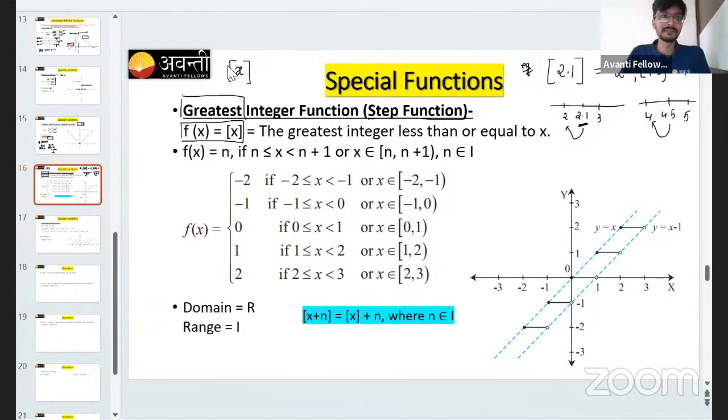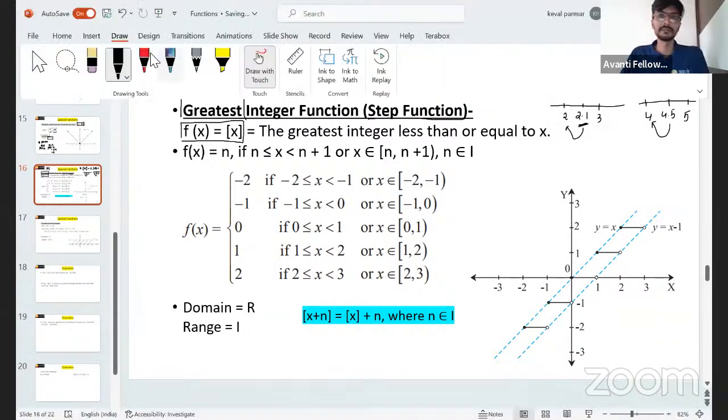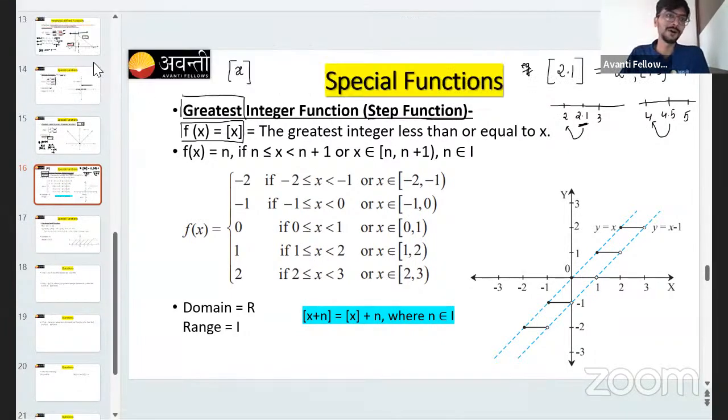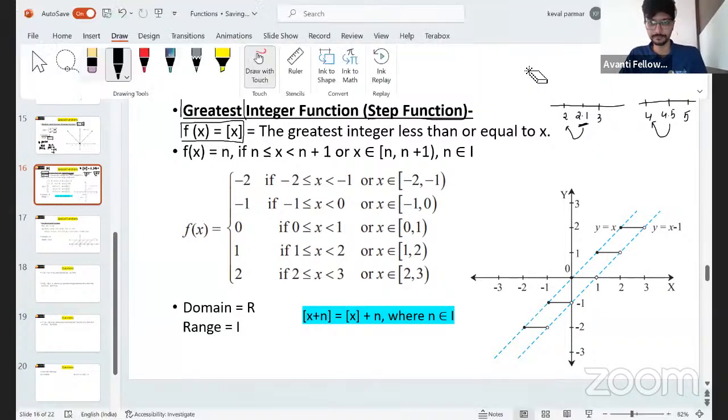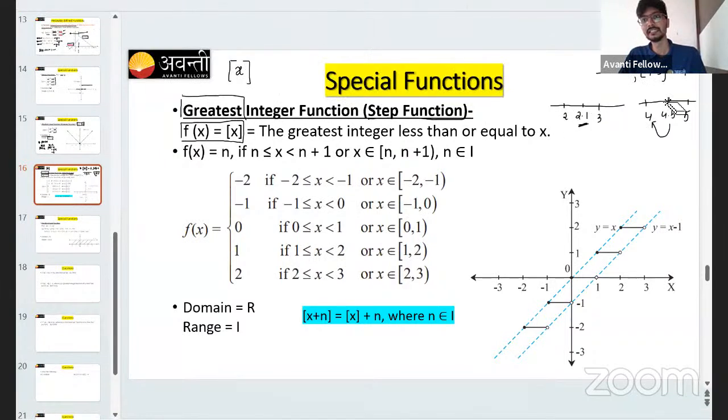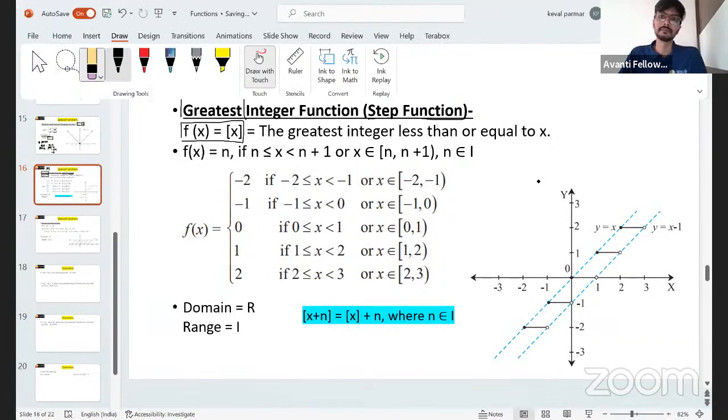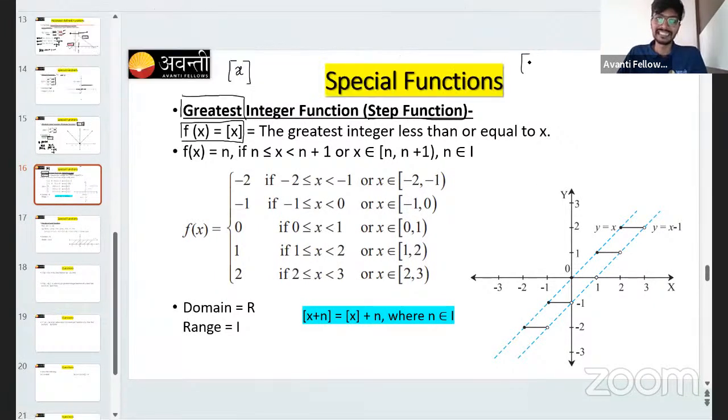Let's take one more example. It's a bit tricky, but let me check how much you understood. Suppose I take the greatest integer of minus 2.3. Here it gets tricky, and you just need to apply some common sense.